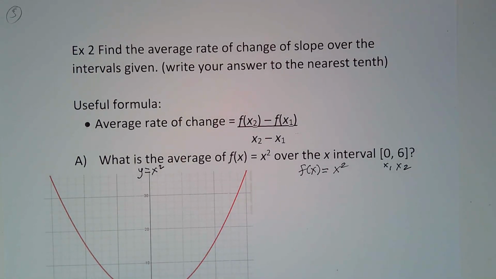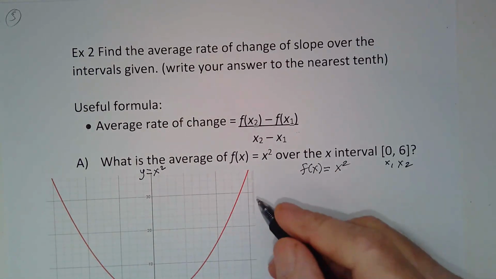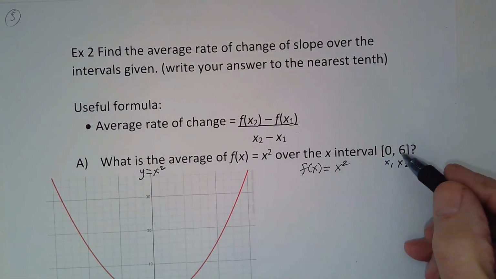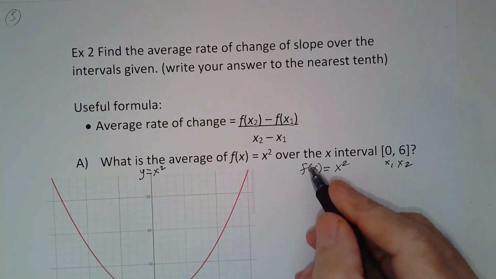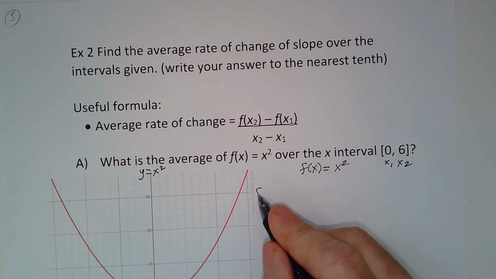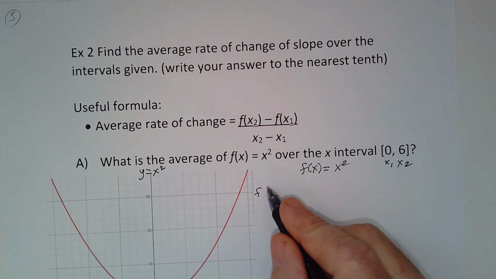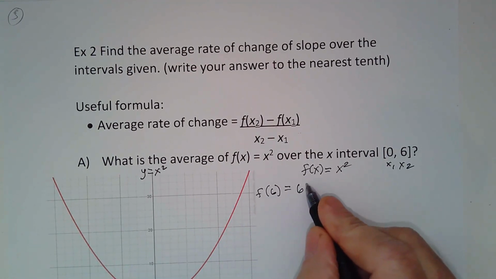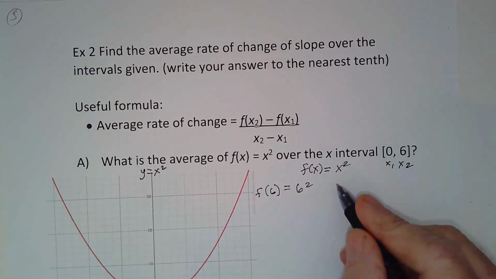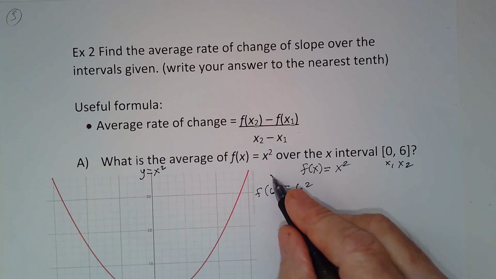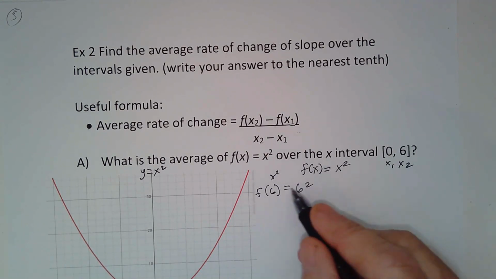Right? And so if I were to use x2 in here with this equation, my f of 6 would equal 6 squared, and my f of 0, so this is for x1, right?